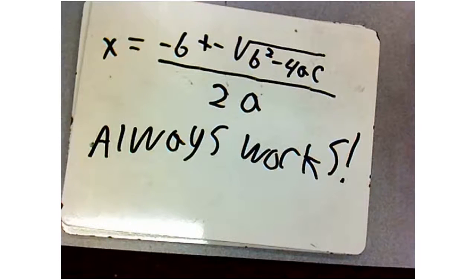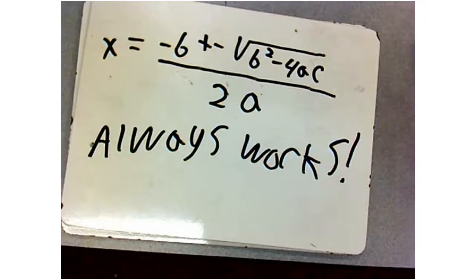So, what's a? A is 9, B is negative 12, and C is 4. And they wrote it here.